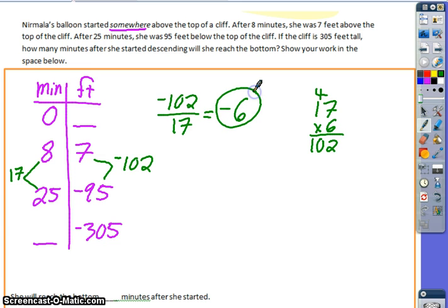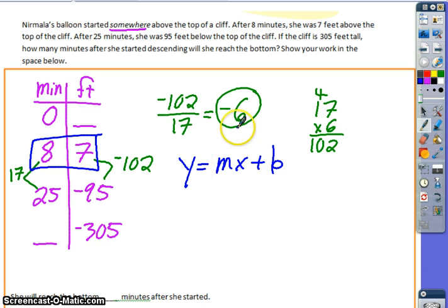There's my slope. To get my y-intercept, I have to pick one of these pairs. Okay? The general form of the equation is y equals mx plus b. I know m, it's negative 6. Well, here's a y, so I'll put 7 there. I know x is 8, so negative 6 times 8.